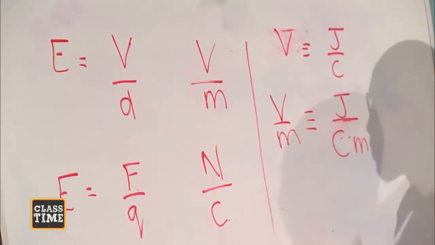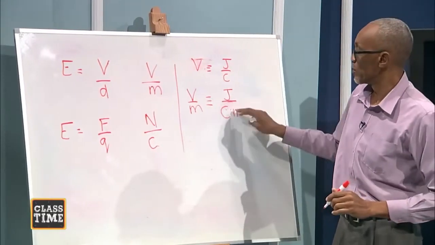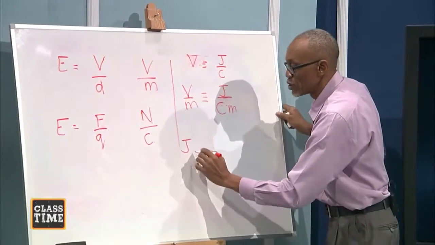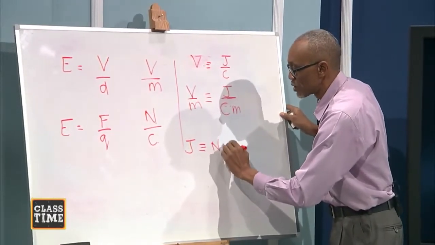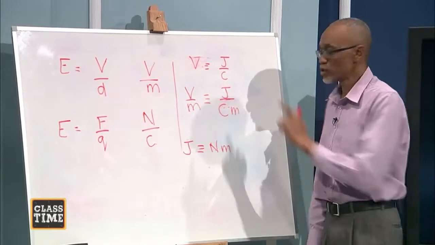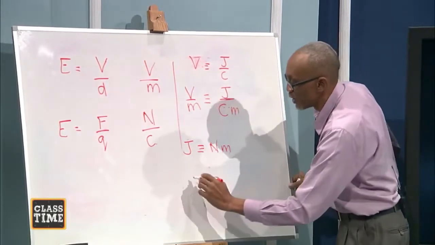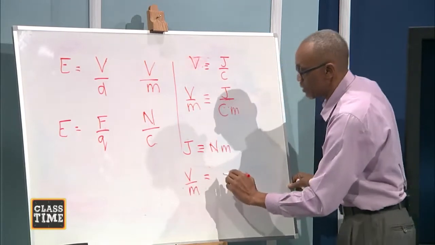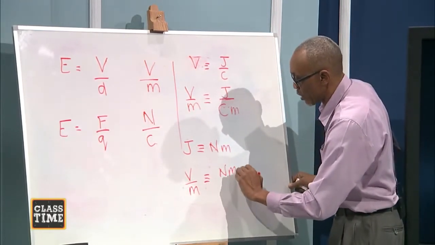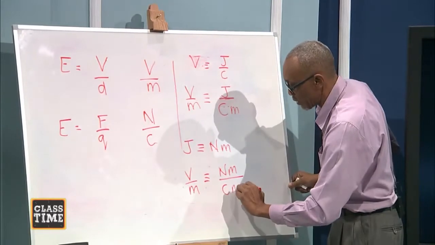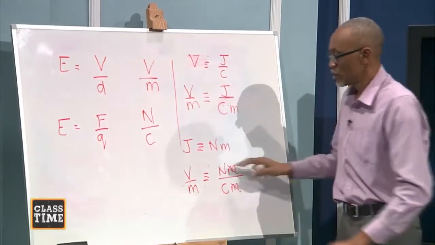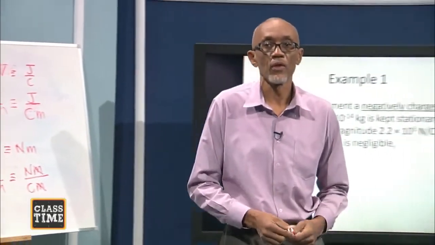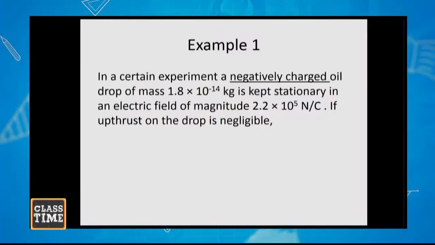Now, 1 joule is equivalent to a Newton meter. So if we substitute for the joule, we will get that the volt per meter is equivalent to a Newton meter over a coulomb meter, and the meters will cancel. So 1 volt per meter is equivalent to a Newton per coulomb. All right, that is what we have there.